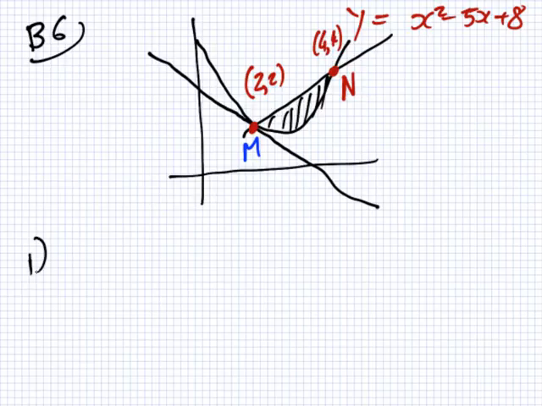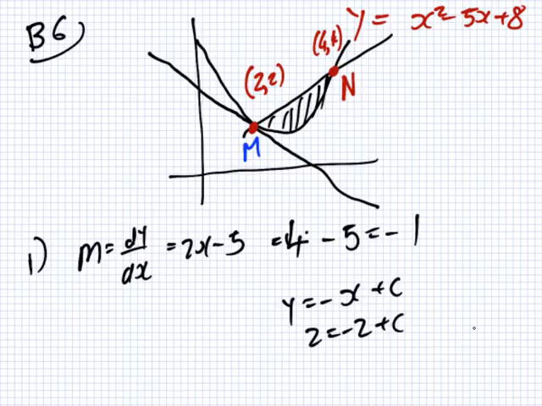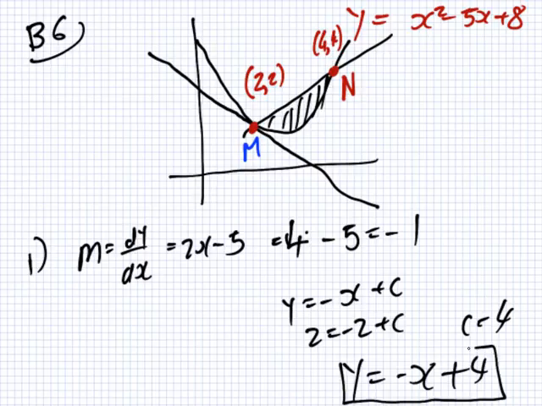So dy/dx equals 2x minus 5, which is 4 minus 5, which is minus 1. y equals minus x plus c. 2 equals minus 2 plus c. c equals 4. Did you put M into it? I used 2, 2. Yeah.